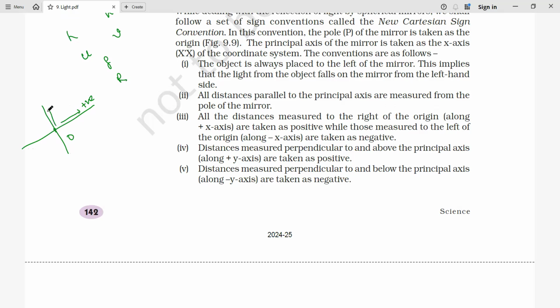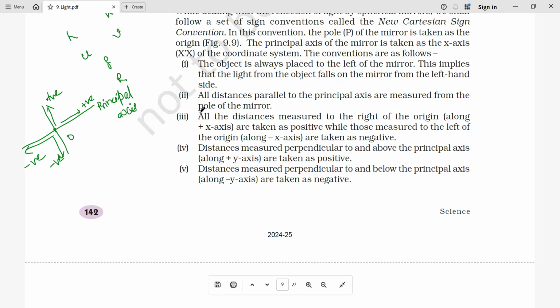Anything above the principal axis, this one being the principal axis for us, is positive. Anything to the left side of the origin is negative, and below the principal axis is also negative. That is going to help us in sign convention.